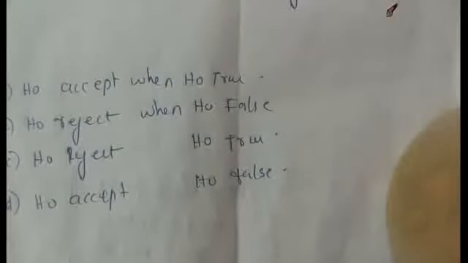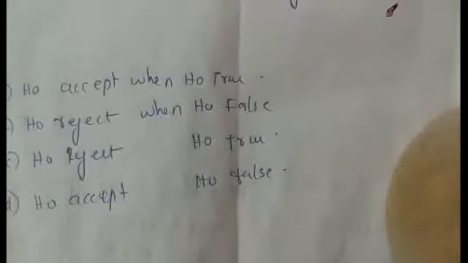In any testing of hypothesis, the decision is to accept or reject. We have four possibilities. The null hypothesis can be accepted or rejected, and it may be true or false.